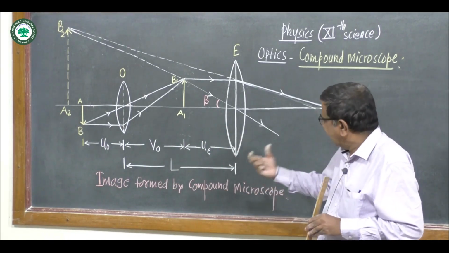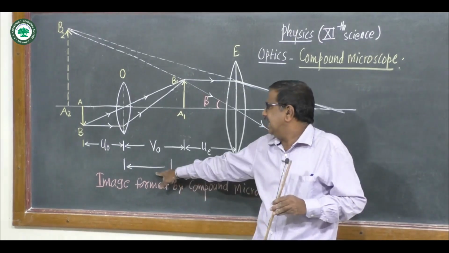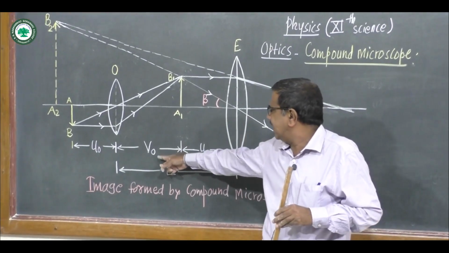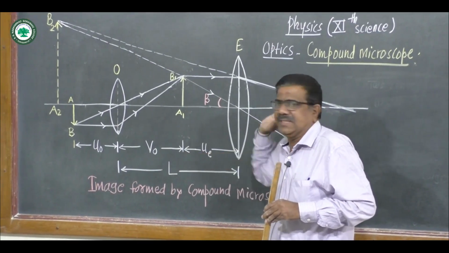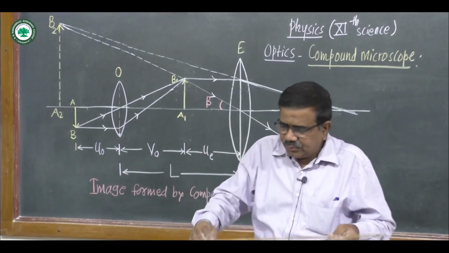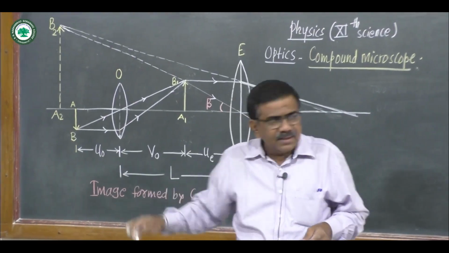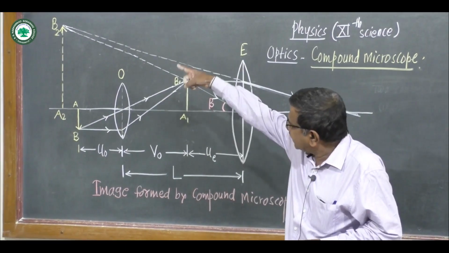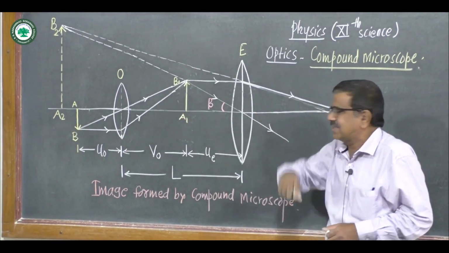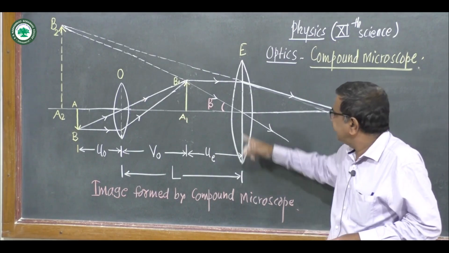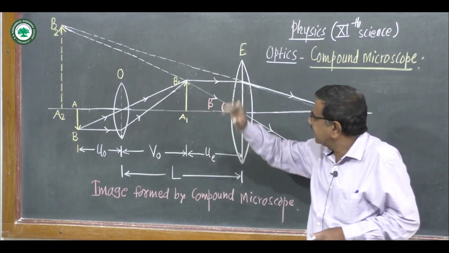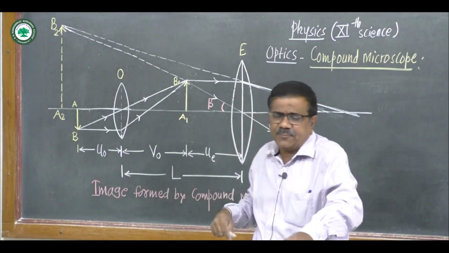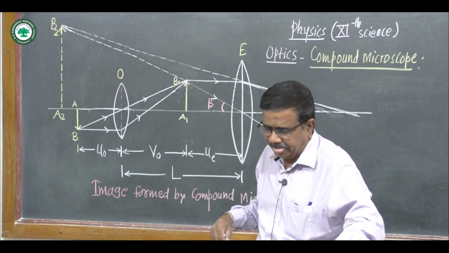Obviously, from this figure, the length of the compound microscope is VO plus UE. Beta is the visual angle made by the image A2B2 at the eyepiece. So this is the image formed by the compound microscope.